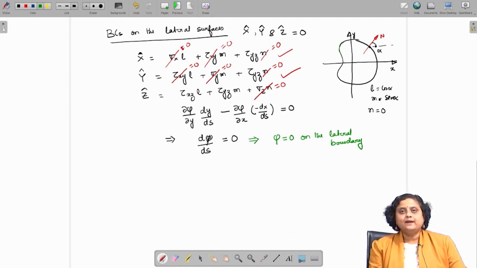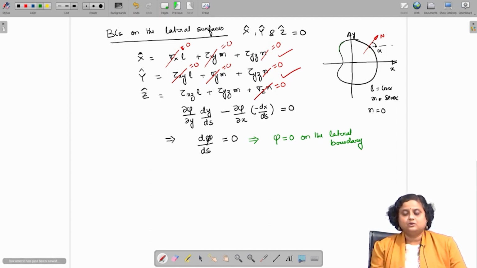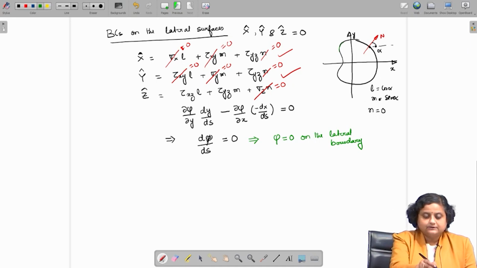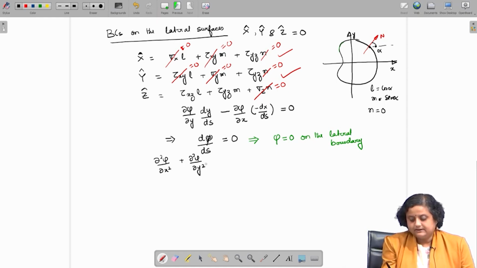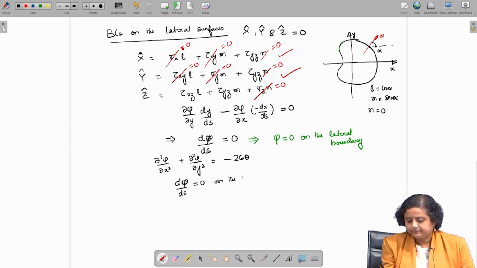Therefore, we have now two constraints on the Prandtl stress function. The first constraint is del 2 phi by del x square plus del 2 phi by del y square needs to be minus 2 g theta, and d phi by ds needs to be 0 on the lateral boundary.